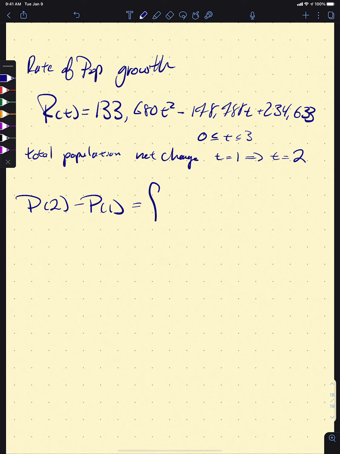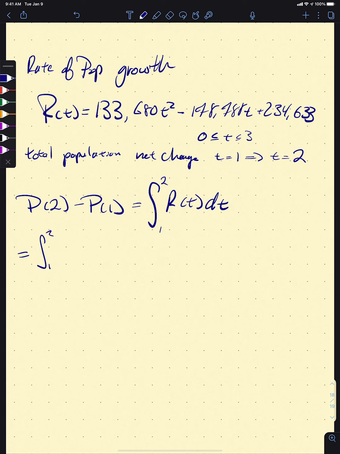But of course, as we just saw, we can find this by taking our antiderivative of p prime of t. But p prime of t is going to be my population change, how fast my population is changing. And so this is going to be r of t dt. And from here we can carry this through just like our previous ones.